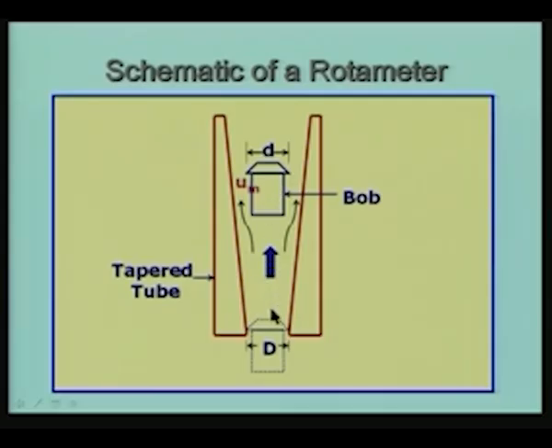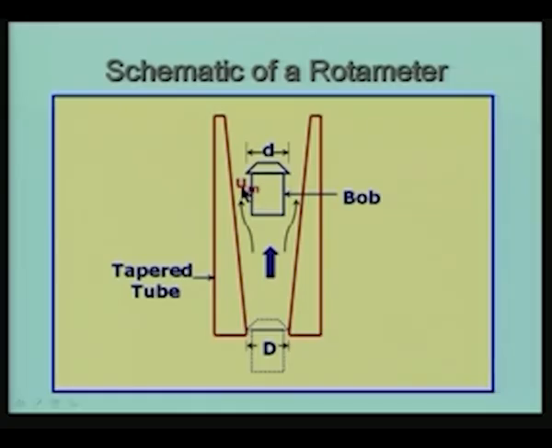We will see later that um is going to be a constant value, because the drag force, the weight of the bob and the force due to buoyancy must always be in balance.